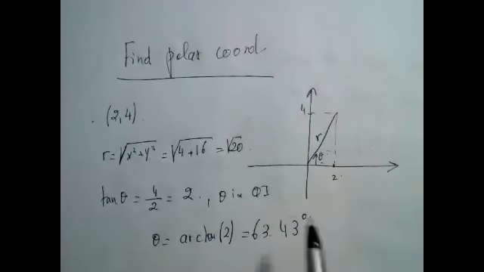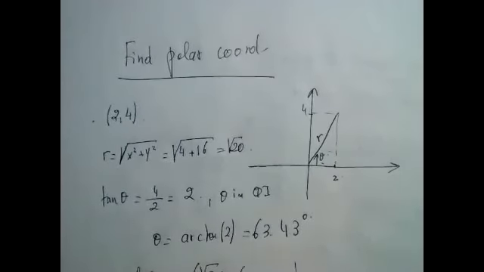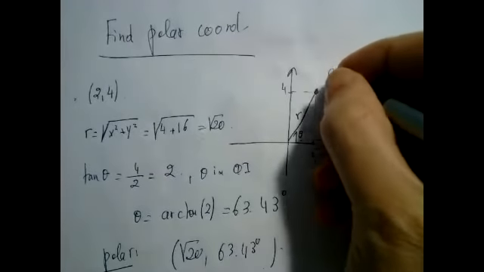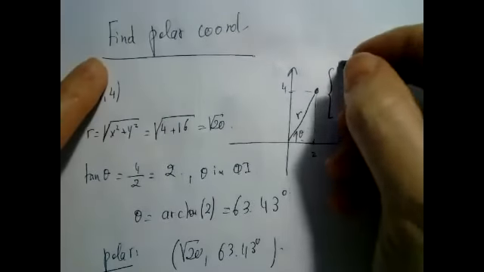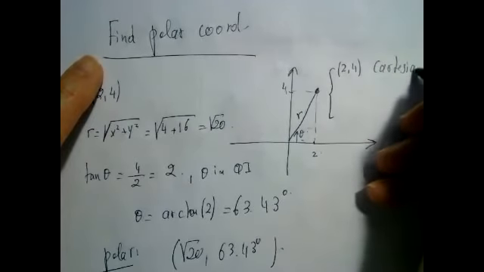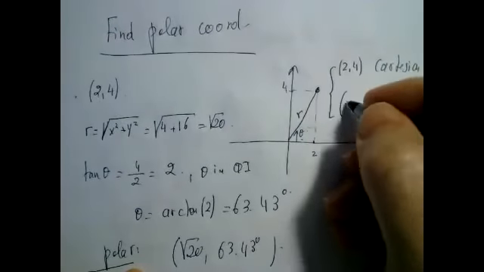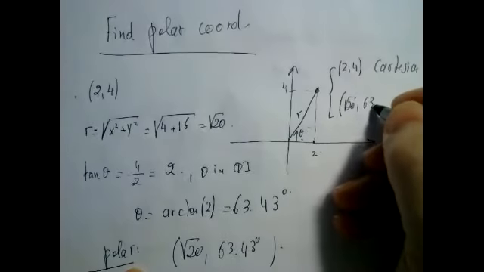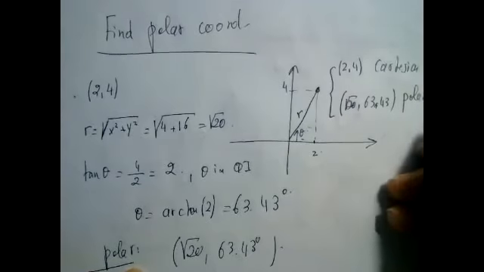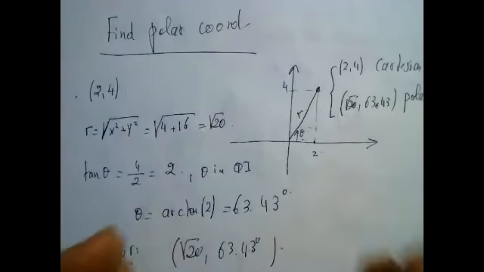So the polar coordinates are square root of 20 and 63.43 degrees. If I go back to my point here, this point has two coordinates: 2, 4, the Cartesian coordinates, and square root of 20, 63.43, the polar. It means the r and the theta.